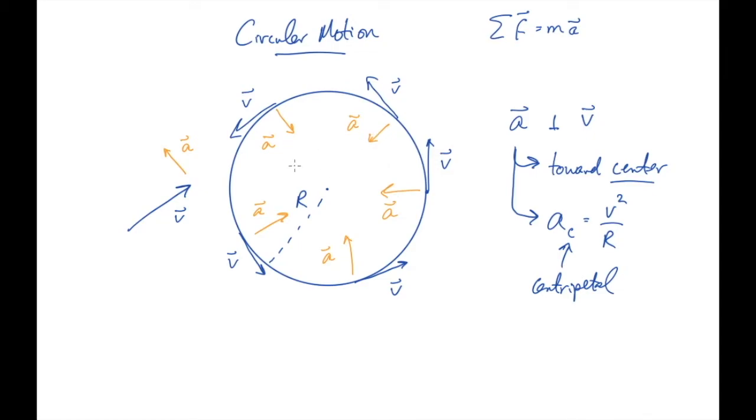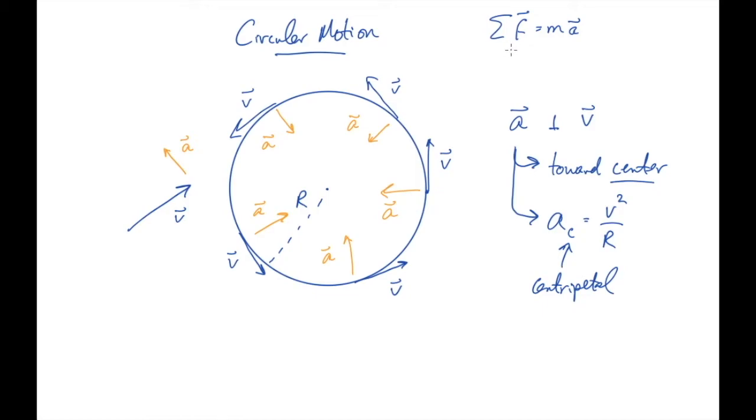All right, so when we are solving problems involving circular motion in the context of Newton's second law, when you find something moving in a circle, you know that there's going to be an acceleration along the direction toward the center of the circle. The magnitude of that acceleration is going to be v squared over r. And that means there must be some net force directed to the center of the circle.